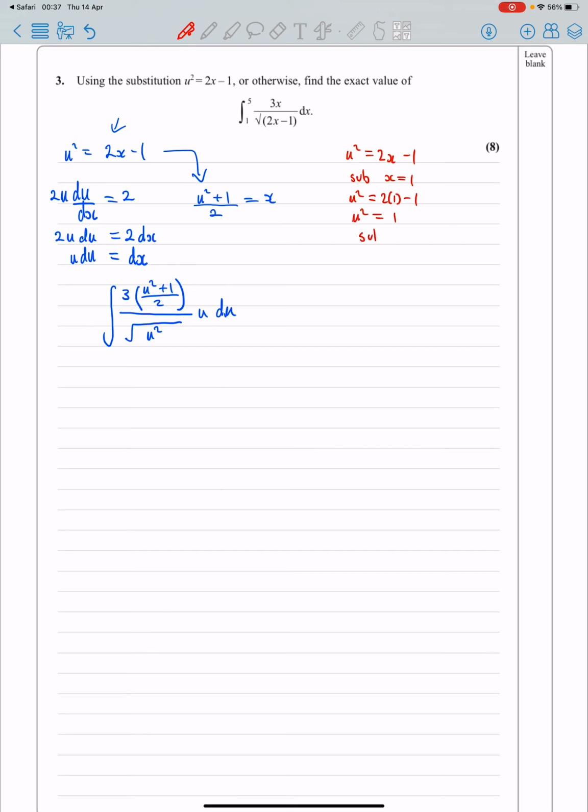Then if we also sub x equals 5, the other limit, we get that u squared equals 2 lots of 5 minus 1, so u squared equals 9. Therefore, u is going to equal 3. Now, we use 3 and not minus 3 because this limit is bigger than the other limit, essentially. So our new limits become 1 and 3 at the top, like that.